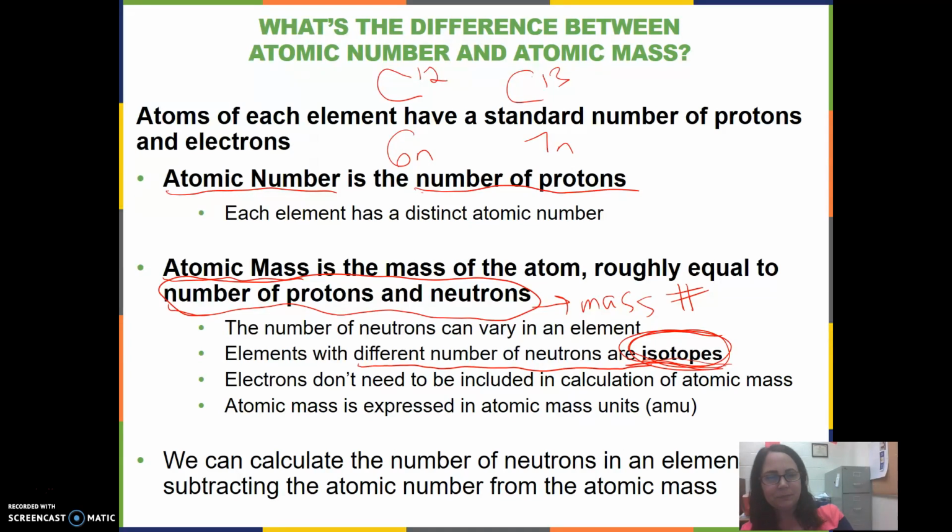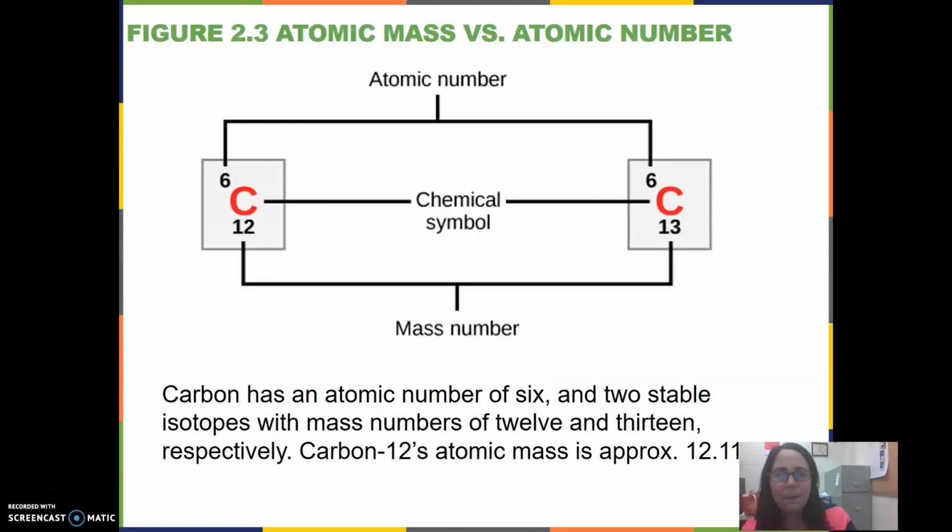You go into that a little bit more in chemistry class, and we just kind of skip over it very quickly in biology. So this is an illustration of the isotopes of carbon. There's actually a third isotope, carbon 14, that I'm going to draw in here so you can see all 3 of them.